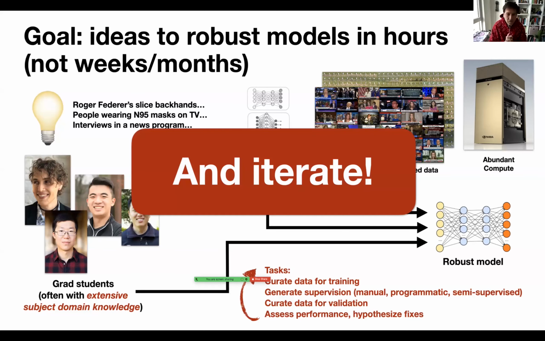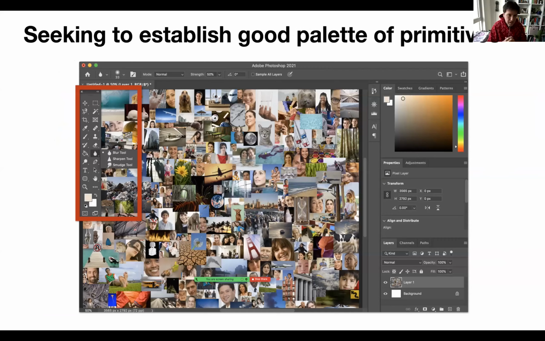So what we're trying to begin pushing towards is what I like to call, ignore the interface analogy, but the primitives analogy is something that I think is apt. If I want to perform a task like image editing in Photoshop, we've really worked out the right set of tools. What is the palette of tools that I need to get that job done?